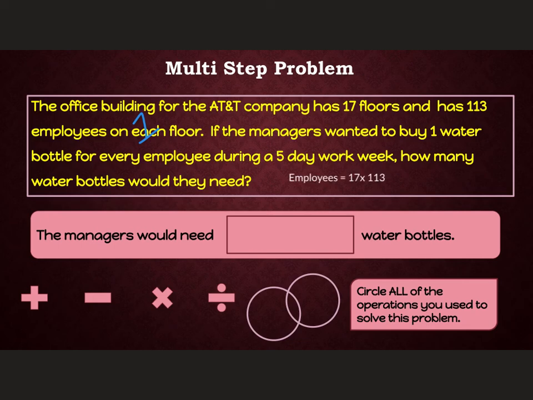Okay, so what I've done here is I set up an equation. The number of employees, which will tell us how many water bottles we need, is 17 floors multiplied by 113, and that would tell me how many employees I have, and then of course I would take that product and multiply it by 5, because there are 5 work days, so they'll need one water bottle every day for 5 days for each employee.